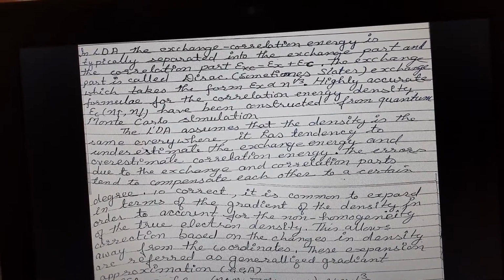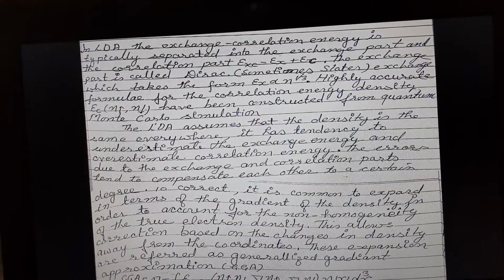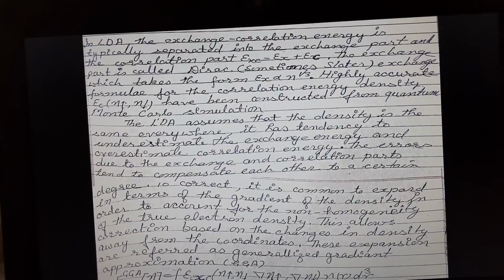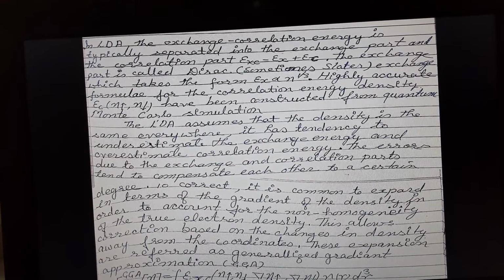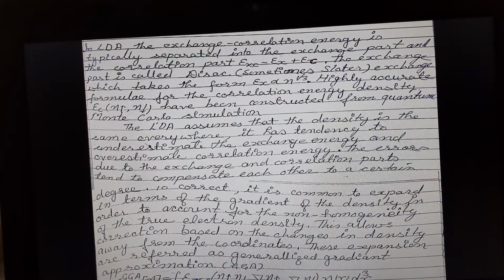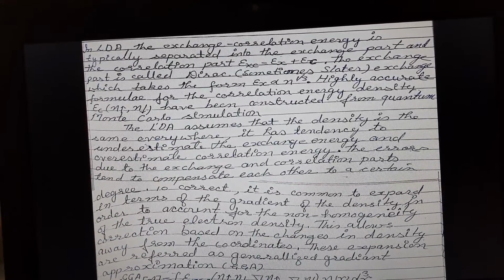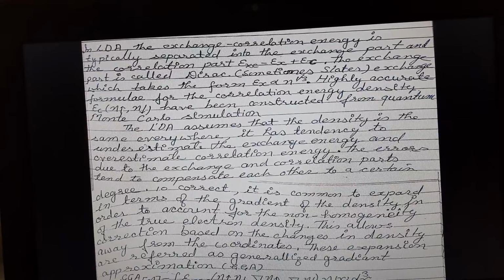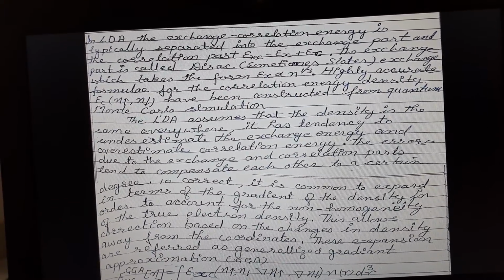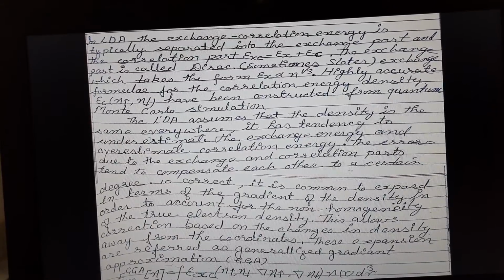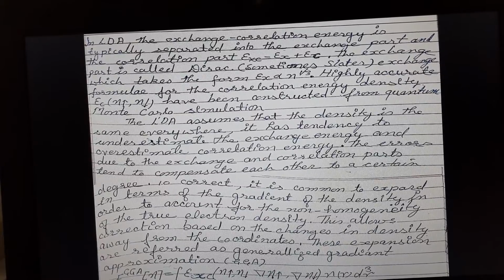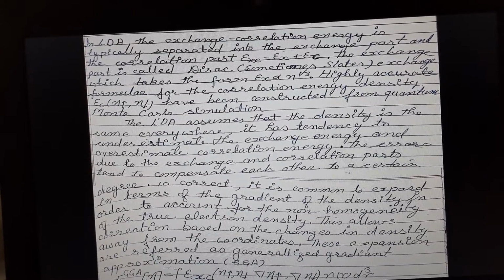The exchange part is called the Dirac, sometimes Slater, exchange, which takes the form E_x^LDA proportional to n^(1/3). Highly accurate formulae for the correlation energy density ε_c(n↑, n↓) have been constructed from quantum Monte Carlo simulation.